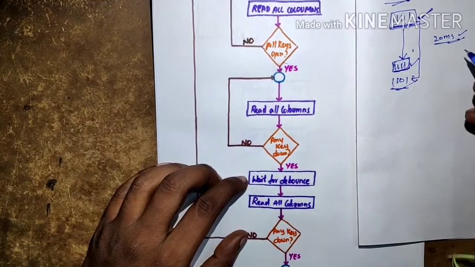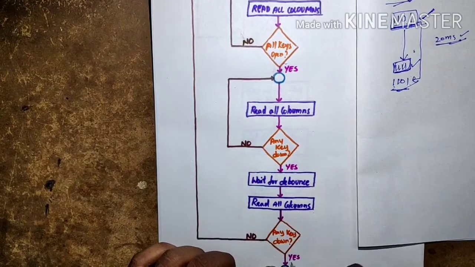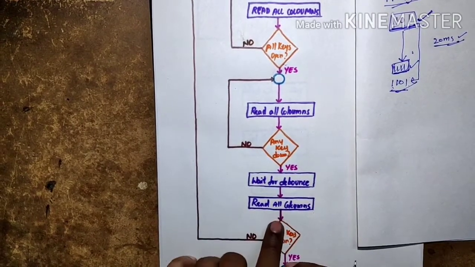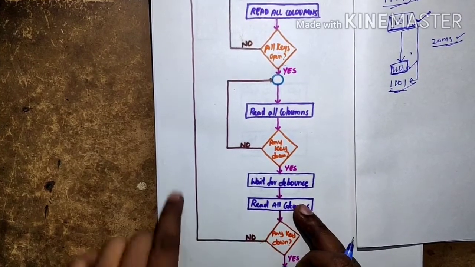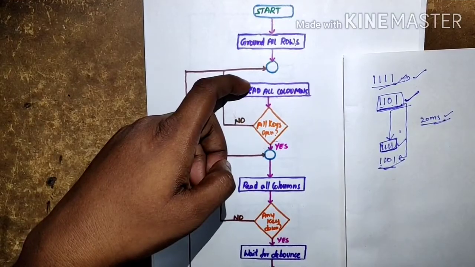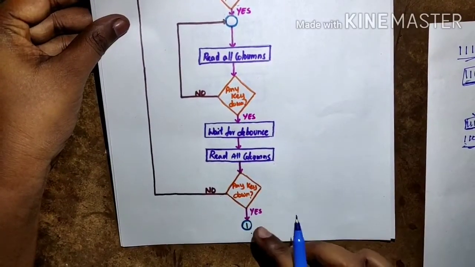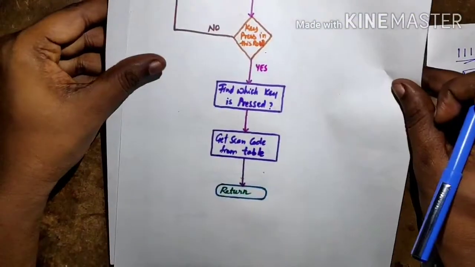If even after that delay there is a change in columns, it will go to the next step. If the column has not changed after the delay time, it goes to our initial stage. As our key press has been confirmed, now we will go to the next stage.